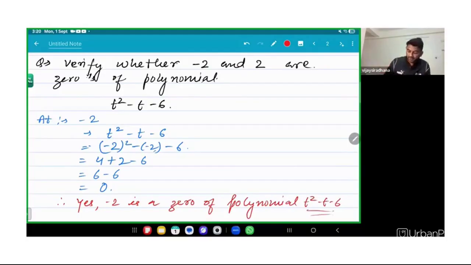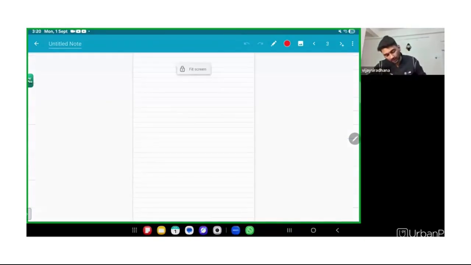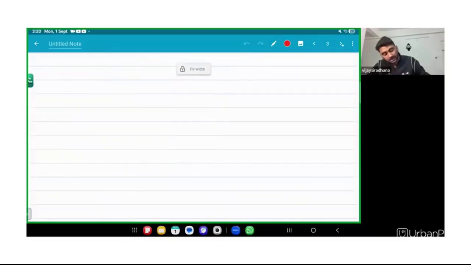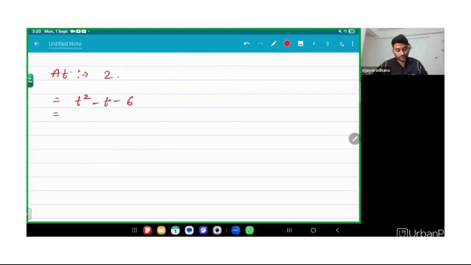Right? Let's check whether 2 is a zero of the polynomial or not. Again, whatever we did previously, now at 2, this is the polynomial, which is t square minus t minus 6. Now wherever t is there, you should replace t with 2. So 2 square minus 2 minus 6. So this is 4 minus 2 minus 6.